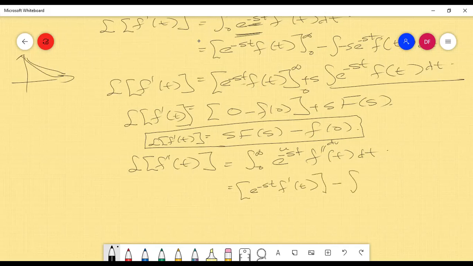Now this is minus, if I differentiate u, I'm going to get minus s e to the minus st. And when I integrate to get v, this is going to be f prime of t.